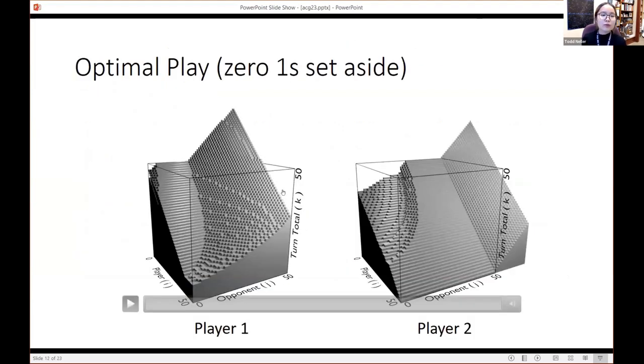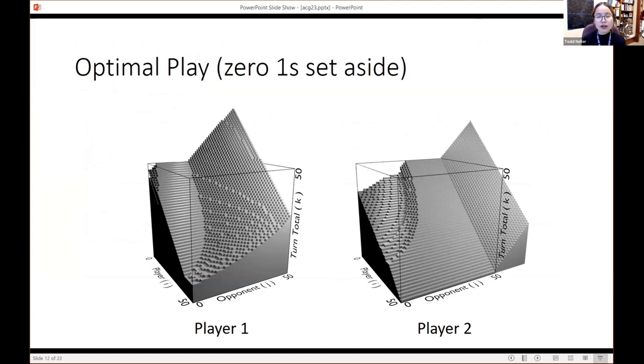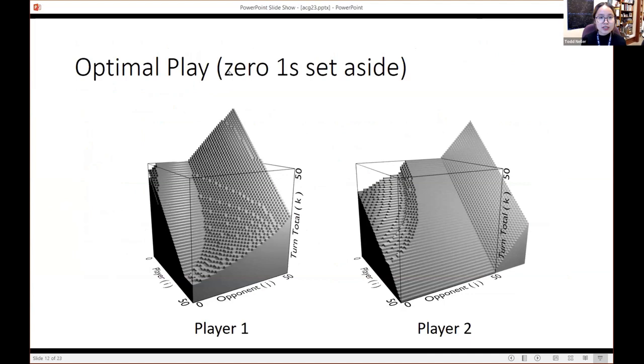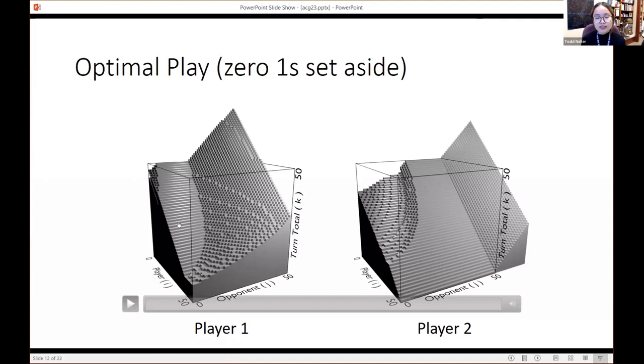So here we will introduce the roll and hold surface, which shows when a player should hold or roll given conditions like player one's score, the opponent's score, and the turn total. When we have 0 ones set aside, as you can see at the beginning, the surface is a little bit steep because player one wants to aggressively reach the goal of 50.